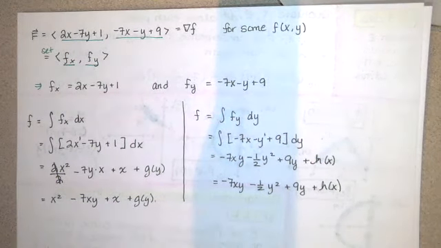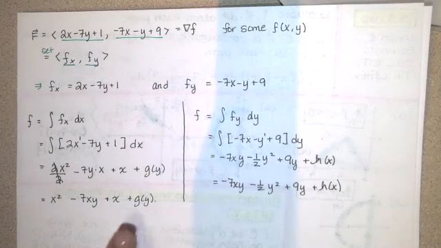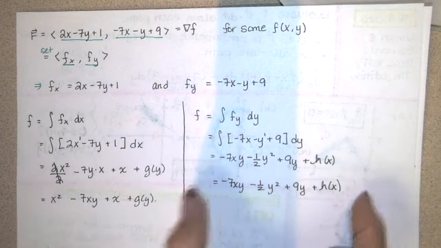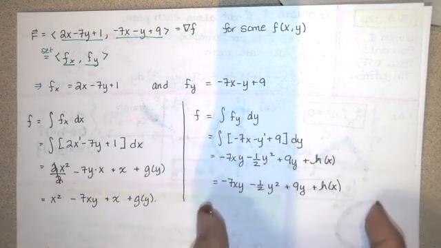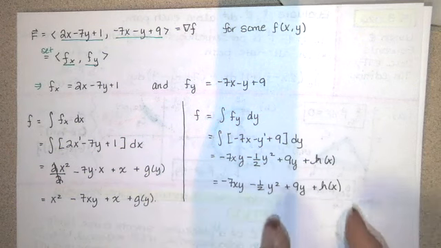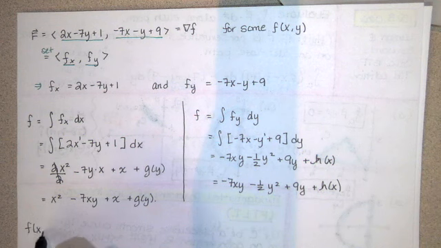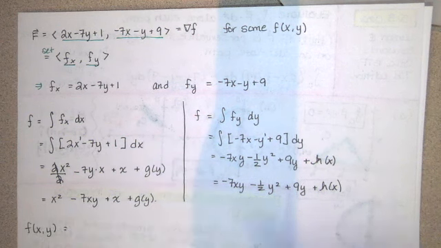So both of these are f. I just want to find f in general though. Finding f in general requires that I find g of y and h of x. Since these two are the same function, I can match these in order to find g of y and h of x. So the first thing I'll do is compare those in order to figure out what those are.